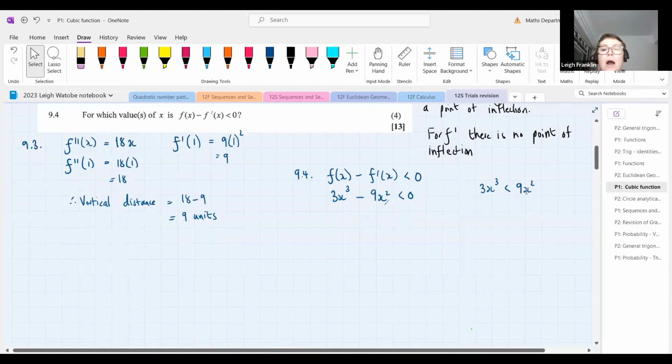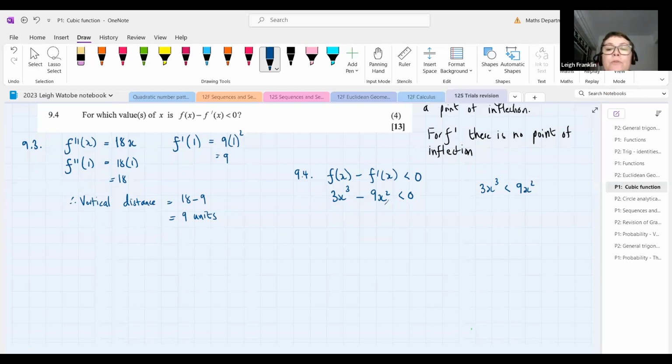Okay. I think what we should do is stick with what we've got here initially. And I think we're going to do the same thing that we did before, where we divide through by 3, and that will give us x cubed minus 3x squared. Let's factorize and take out our x squared, and in brackets we've got x minus 3 is smaller than 0.